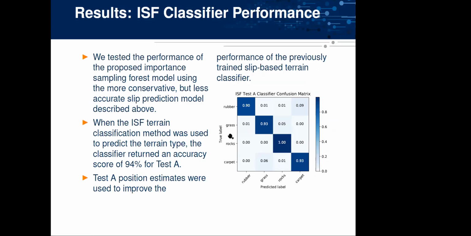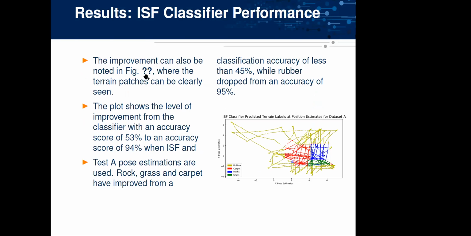So we had to test again using dataset B. When we look at the patches, yes, of course, there are outliers that the classifier would predict wrongly, but with the 94% accuracy, when we look at the sample of the terrain, we can see that it was performing better.